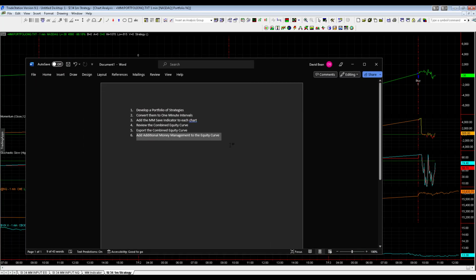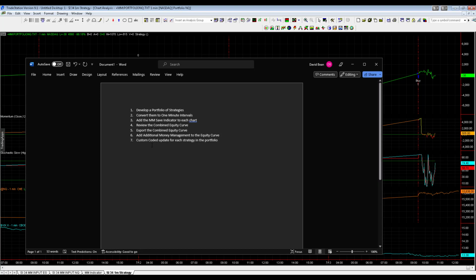The one thing that you have to do is add additional money management to the equity curve. If you find something you like, then it has to be custom coded into each strategy. You have to include the code from the MM indicator so that it has this information, and then you have to custom code the update for each strategy in the portfolio.